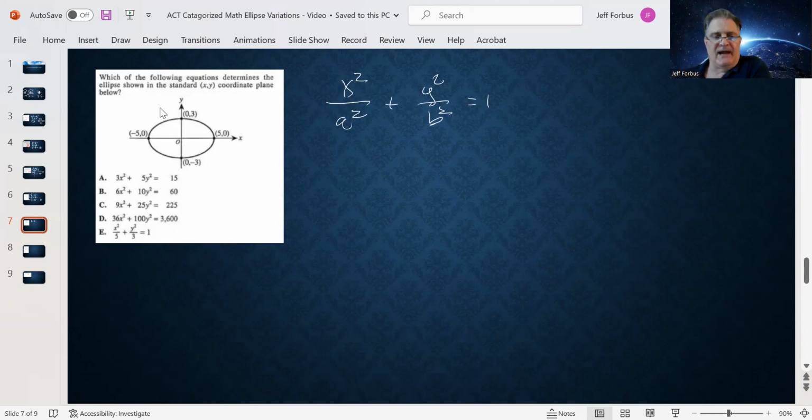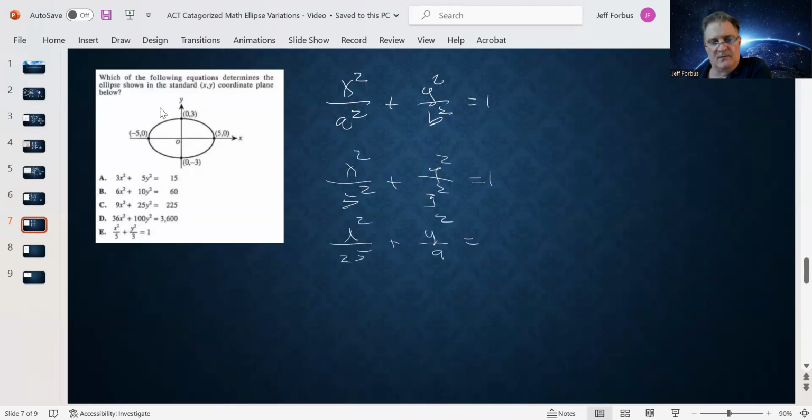We know the major axis is around the x. So that means we're going to have something like x squared over 5 squared, and the minor axis is the y, which gives us a 3, and that's going to be 3 squared. So here we're going to have x squared over 25 plus y squared over 9 is equal to 1.